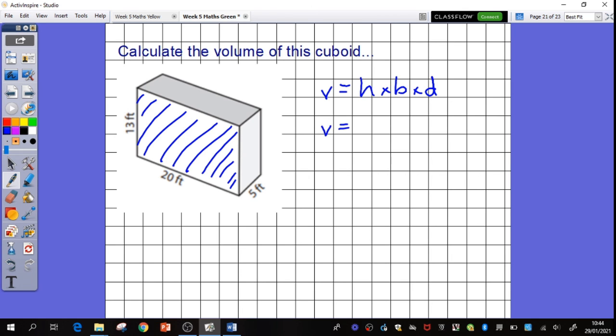So volume equals 13 multiplied by 20, and then I'm going to multiply that by its depth, multiplied by 5. Now in this case, because in multiplication I can do them in any order, it might be easier to multiply the 20 and the 5 together first, making 100. So now I know its volume is 1,300, and this time I'm working in feet cubed.